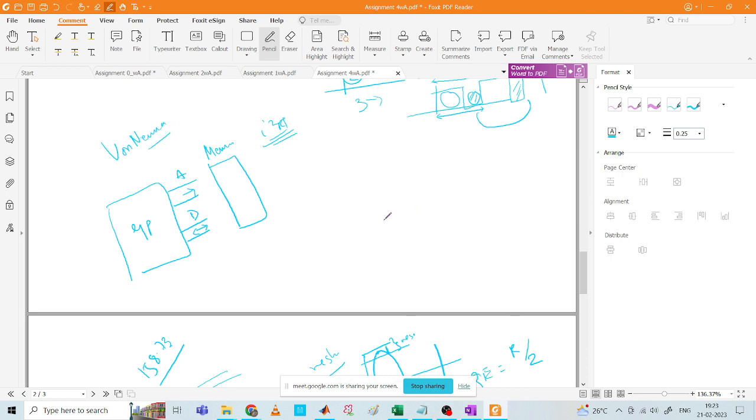Now the Harvard architecture looks like this. You have a microprocessor and an address bus. Now you have a separate data bus connected to one memory and another data bus connected to another memory. This is called the instruction memory, and this is called the data memory.